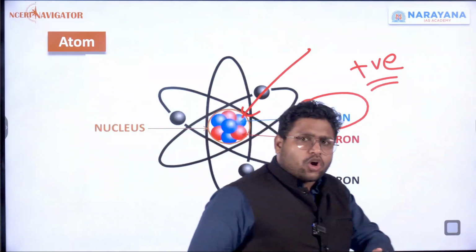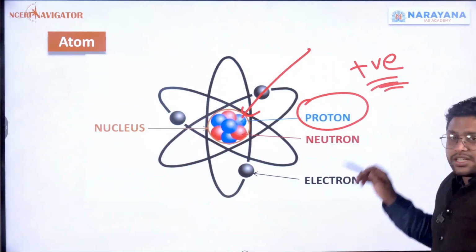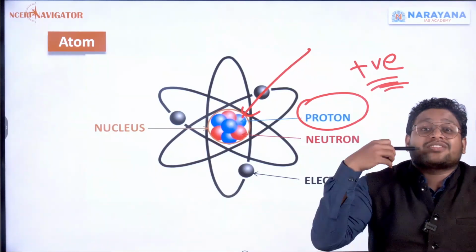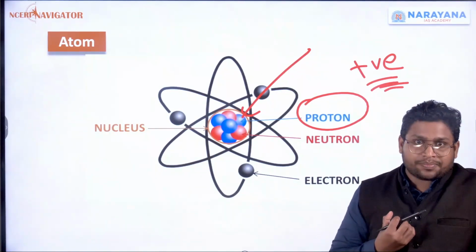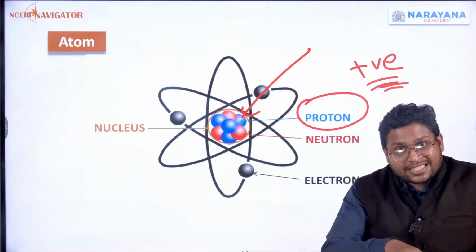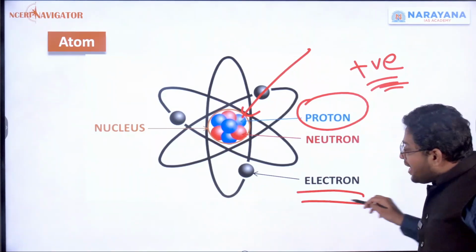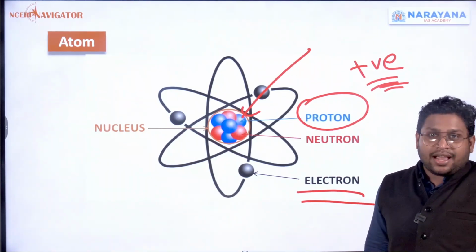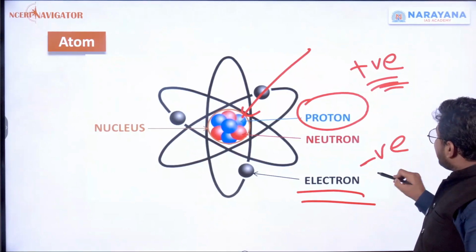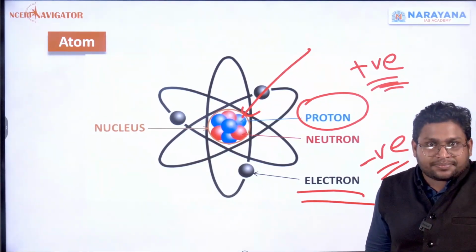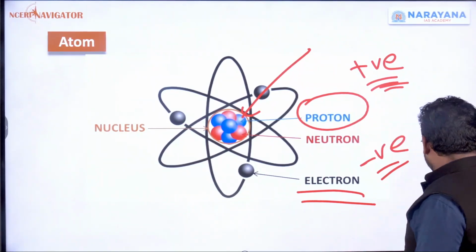Protons are always positively charged. They are positively charged, that's why we have given them the name proton. Whereas in reverse, we have electrons, and these electrons are negatively charged. Okay, these are negatively charged.